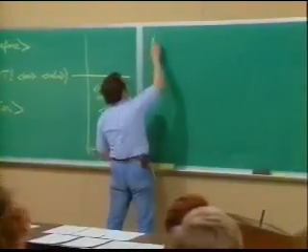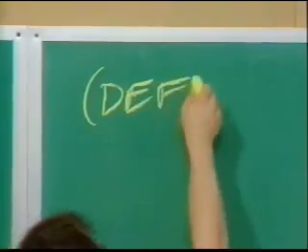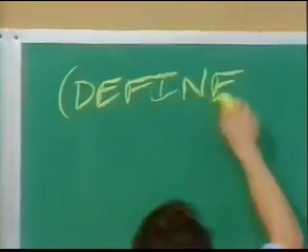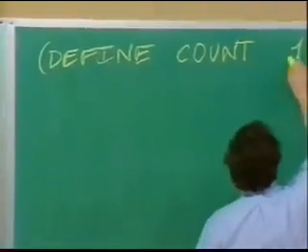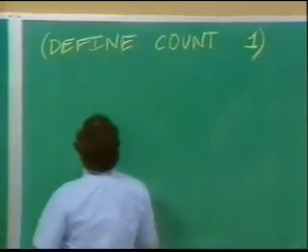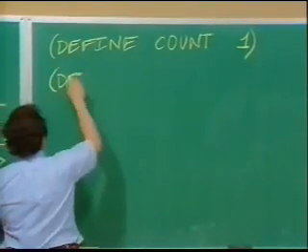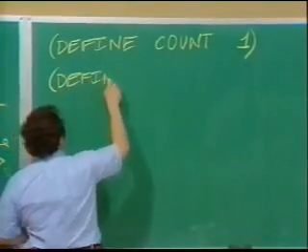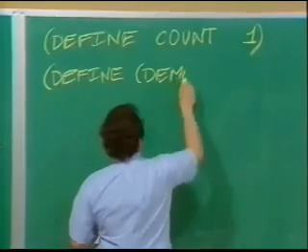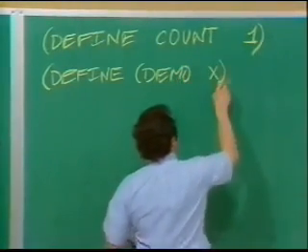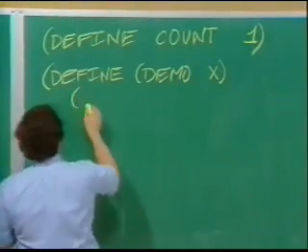So, for example, if I were to define count to be 1, and then I'm going to define also a procedure, a simple procedure called demo, which takes an argument x and does the following operations.